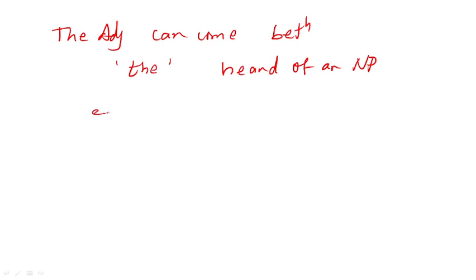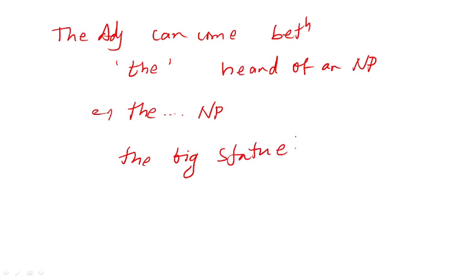So this is the frame of the adjective used between the determiner and the head. For example, the big statue. So what you have to remember here is the three functions of adjective.